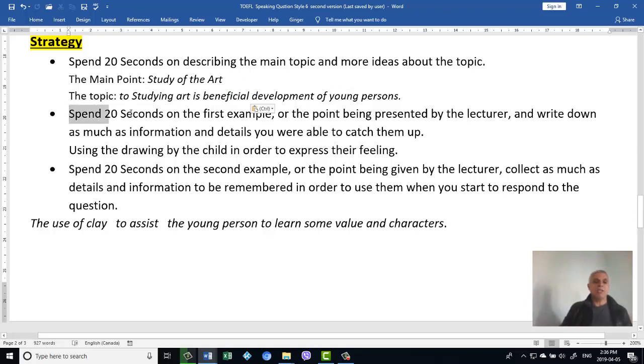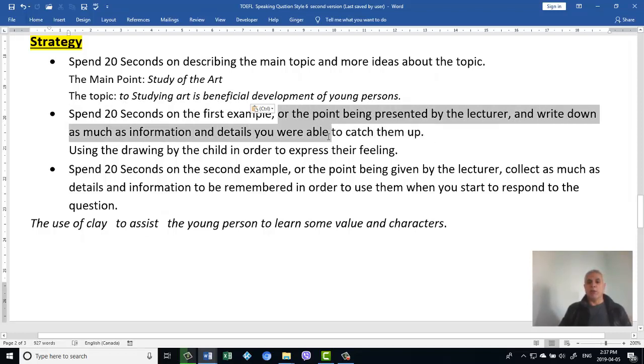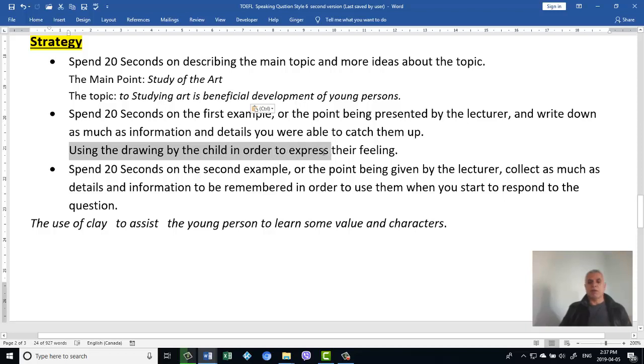Then we spend 20 seconds on the first example or the point being presented by the lecturer and write down as much information and details as you are able to catch, using the drawing by the child in order to express their feeling.